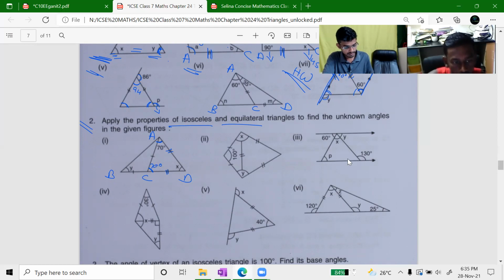If these two are 70, then what will be this angle? Same, sir, 70 degree. If you add it, it will become 210. Then tell me what will be the measurement of angle X.